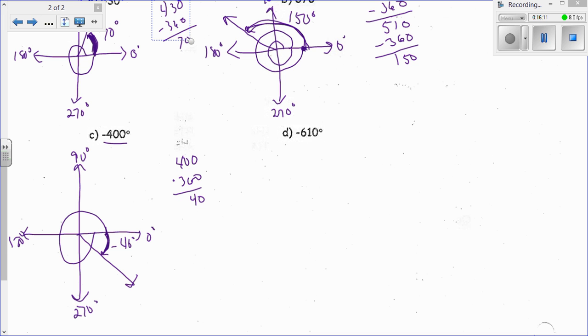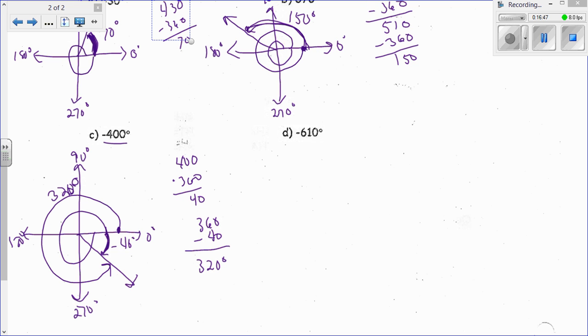But the directions told us to find a positive coterminal angle. So what I need to do is figure out the angle that starts here and goes in the positive direction and ends there. And in order to do that, I just need to take 360 and subtract 40 from it, and I will get 320 degrees. So this 320 degrees is my smallest possible positive coterminal angle.